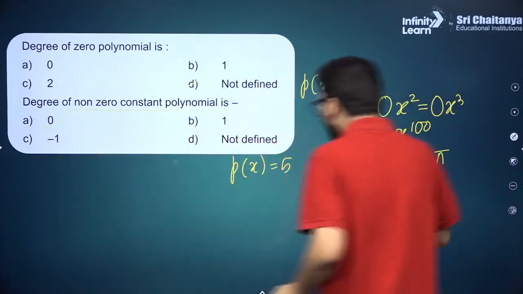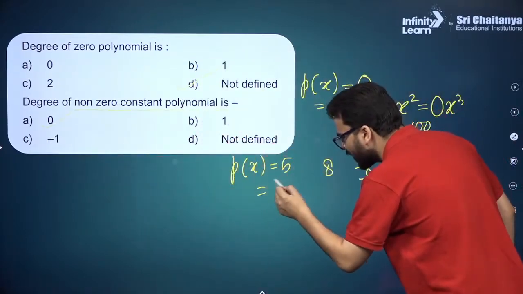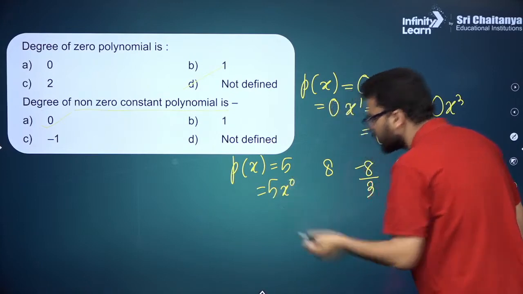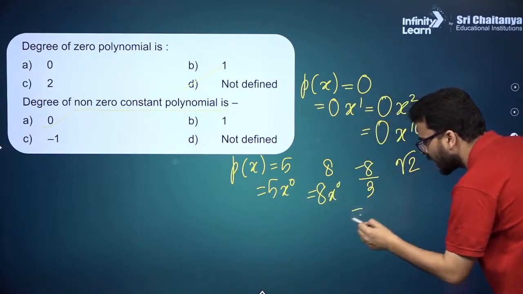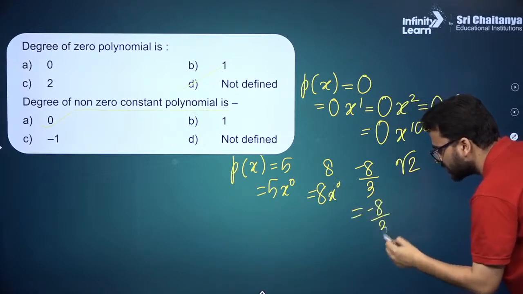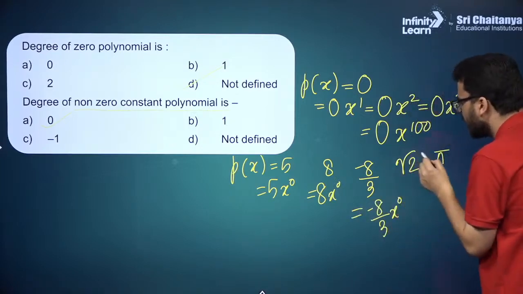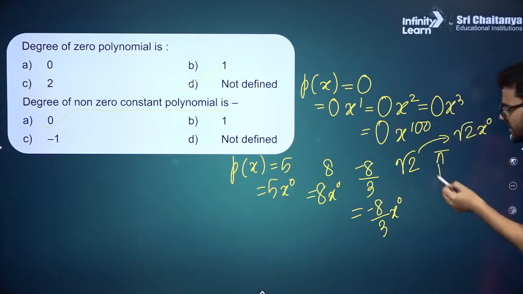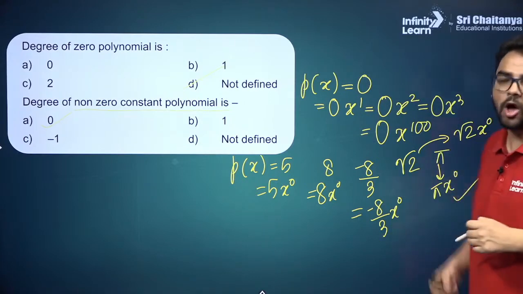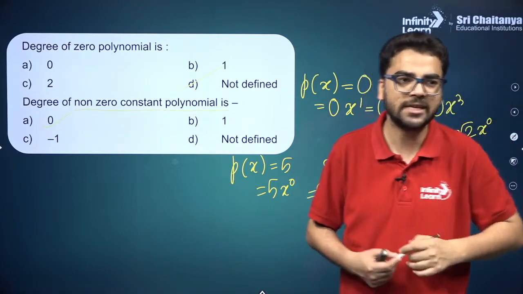It is 0 because if I've got 5, I can write it as 5 times x raised to the power 0, since x raised to the power 0 is 1. I can write it like this or not? Tell me, guys. Everything over here can be written as root 2 x raised to the power 0, or pi x raised to the power 0. So degree of a non-zero constant polynomial is 0.